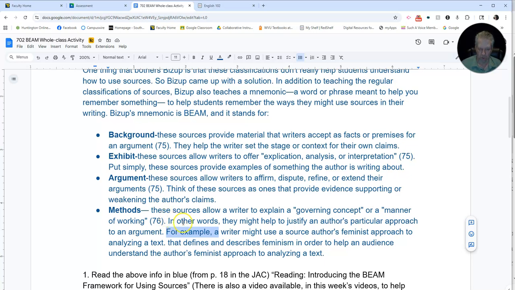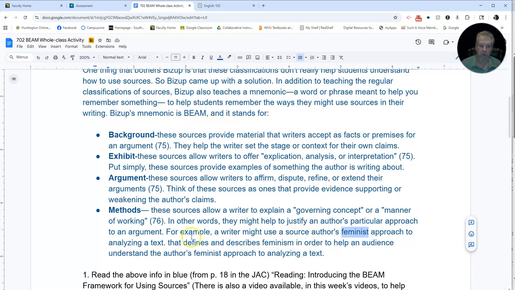So if you have a source to help you identify a particular approach, or for example, a term or concept, say this writer is using a source to help explain to his or her audience what feminism is about, so that they would understand that feminist approach.